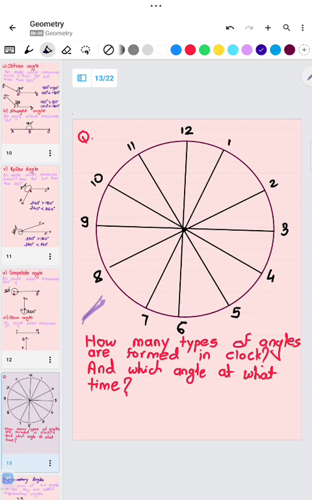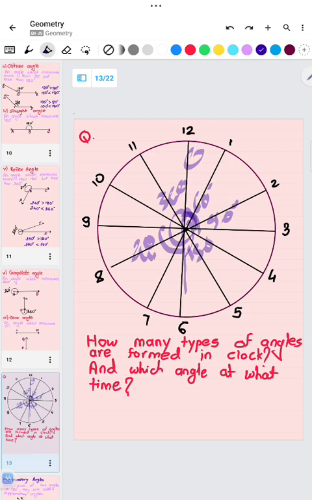We see here all types of angles in clock and at what degree also. Here is 60 degree, here is 90 degree, 180 degree, 360 degree, 240 degree. Okay, all 0 degree also. These are angles and their types.